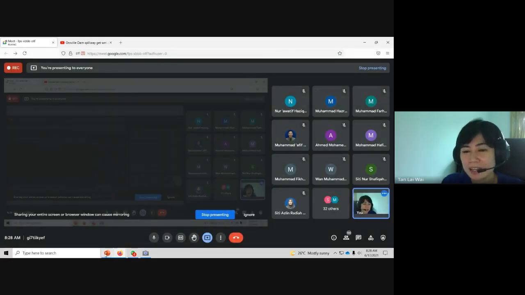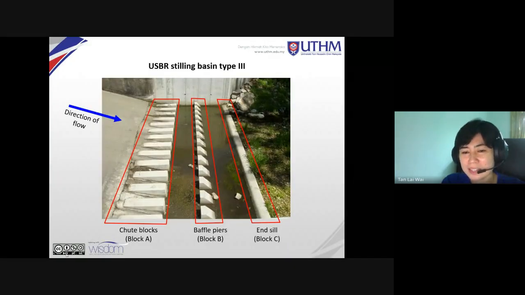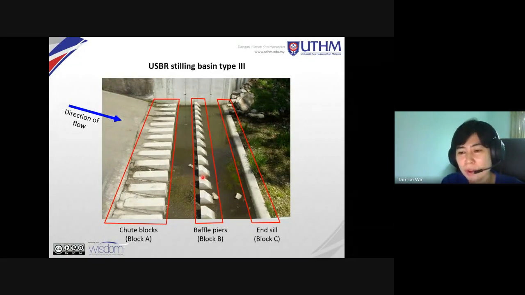As the designer, you also want them to know the distance between block A and block B, and the distance between block B and block C. Sometimes we'll just provide the distance between block A and block B, and the length between A and C, basically the length of the sealing basin.